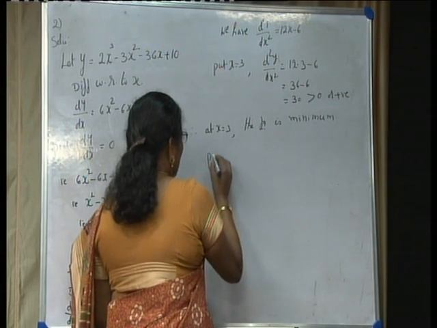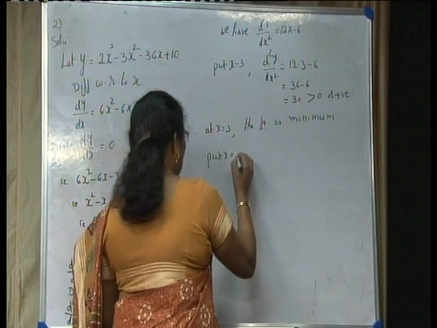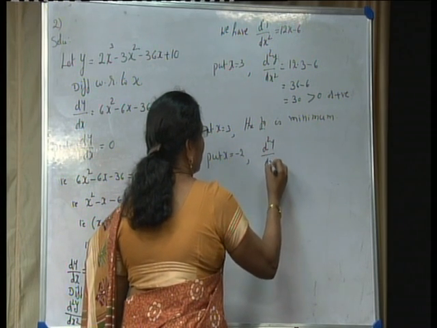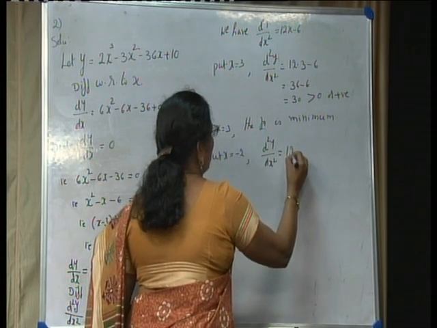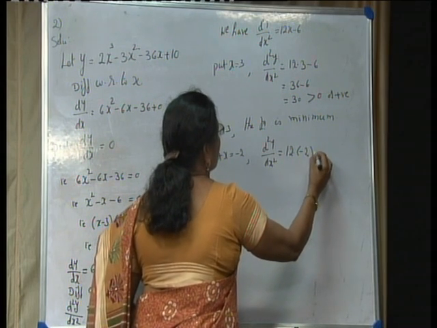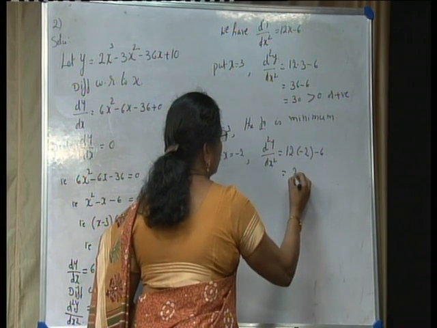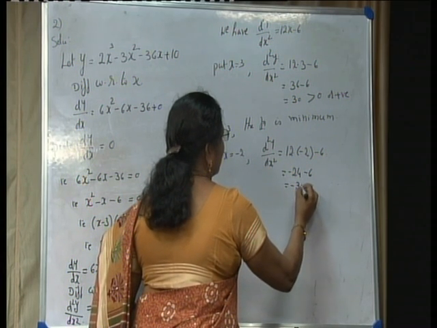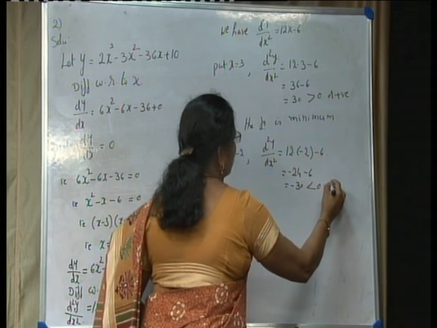Put x is equal to minus 2, d squared y by dx squared, 12 into minus 2 minus 6, minus 24 minus 6, minus 30, less than 0 or negative.